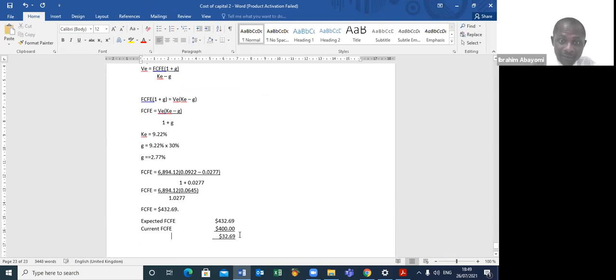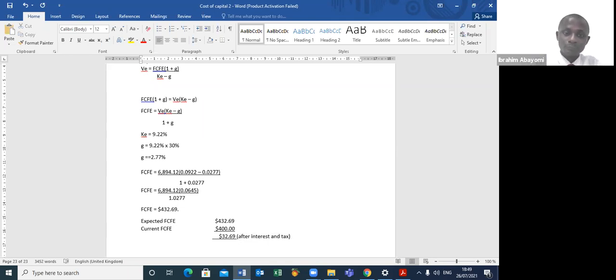The free cash flow given to you is after interest and tax. So I will now need to convert it to before interest and tax.